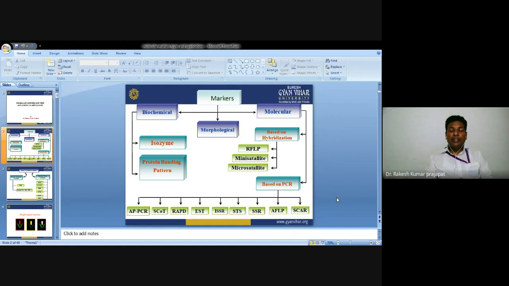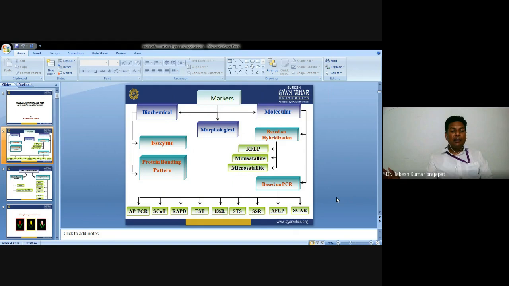So by using this PCR, a large series of molecular markers has been developed, like SCAR marker, AFLP marker, SSR marker, STS marker, ISSR marker, EST marker, RAPD marker, SCoT marker, AP-PCR.